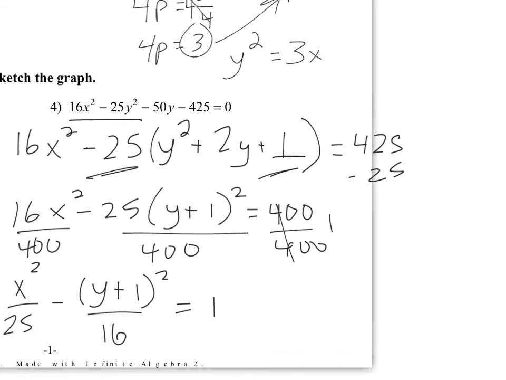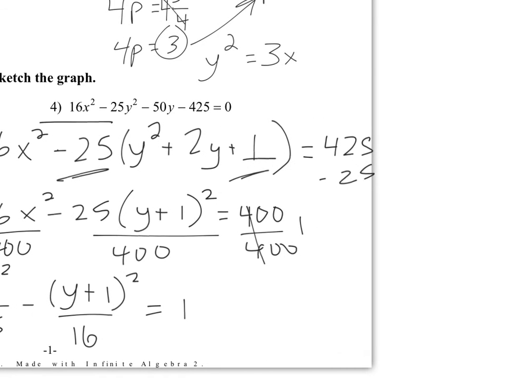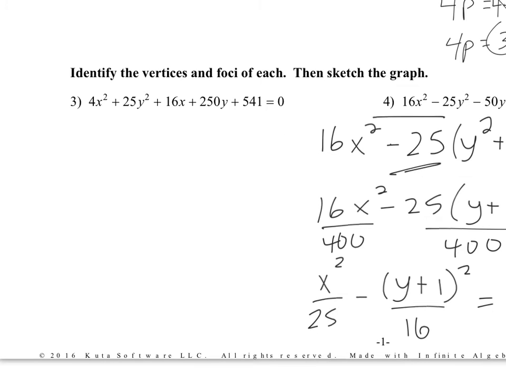So the minus sign here means it's going to be a hyperbola, and there isn't a transformation in the horizontal direction because it's just x squared, but there is a vertical transformation here, down 1 unit.